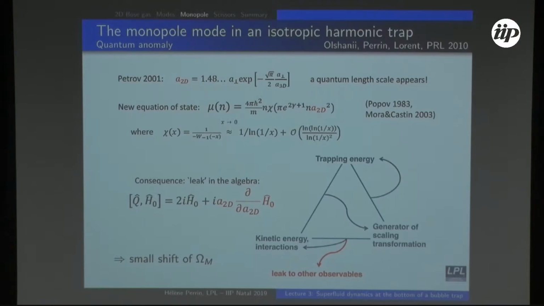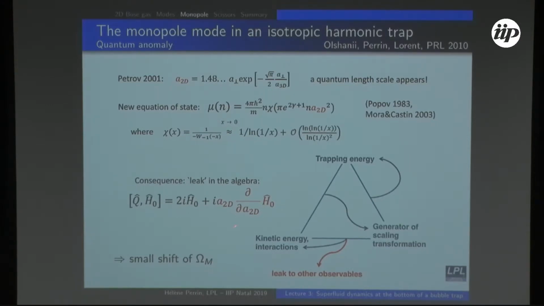But now, if you really consider a strong 2D regime, and you want to quantize these Poisson brackets into commutators, there is a small leakage, this commutator, into other observables. The generator of scaling transformation, when commuted with the kinetic energy or interaction, stays into the same ensemble of 3 observables.